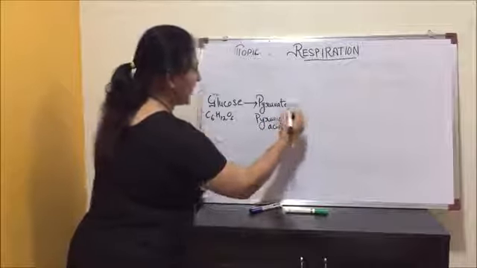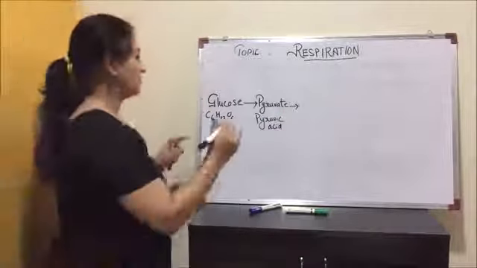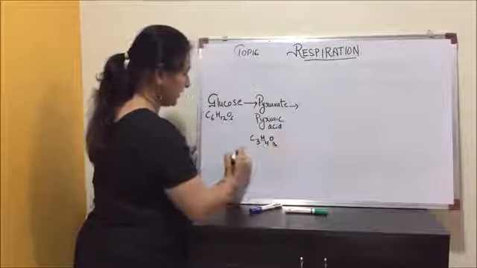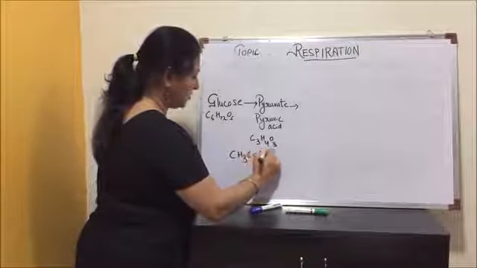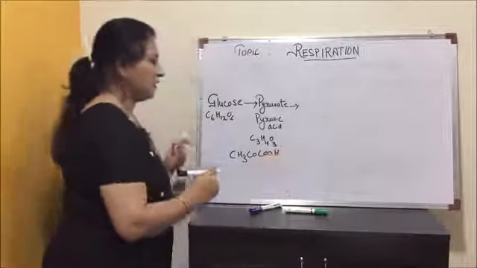Now this pyruvic acid is a 3-carbon compound, C3H4O3. It can also be written as CH3COCOOH. You can see the carboxylic group, pyruvic acid. Now this particular reaction is known as glycolysis.